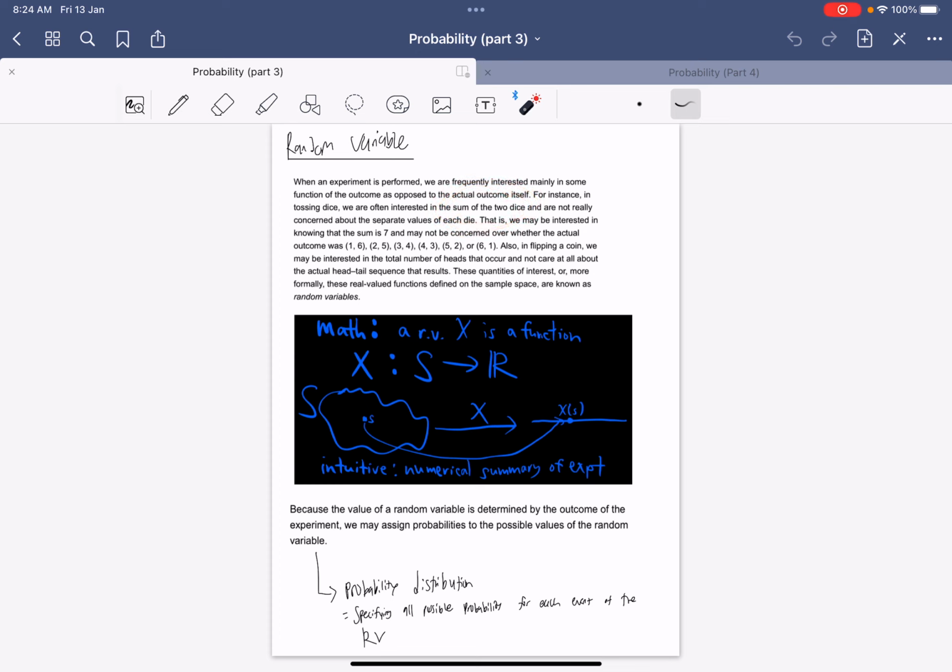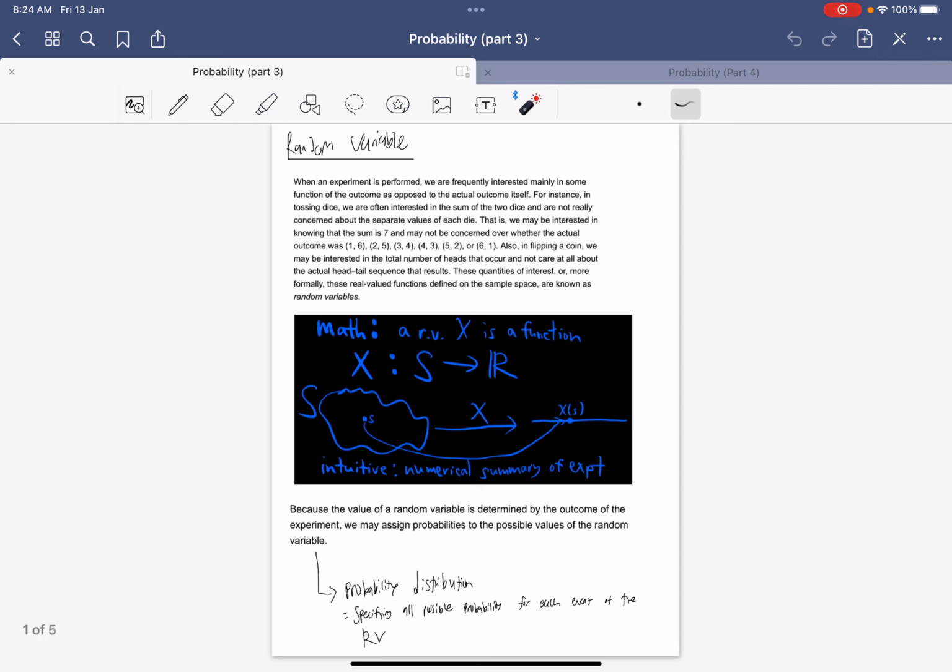So, we may be interested that the sum is 7, but we are not concerned whether the actual outcome is one of the following ordered pairs. It's the same as when you flip a coin, you are interested in the total number of heads. So the actual outcome, heads, tails or tails, heads, both show that there is only one head in both situations.